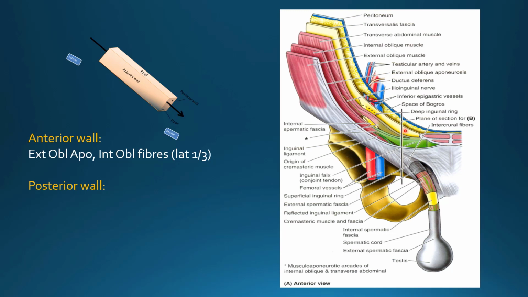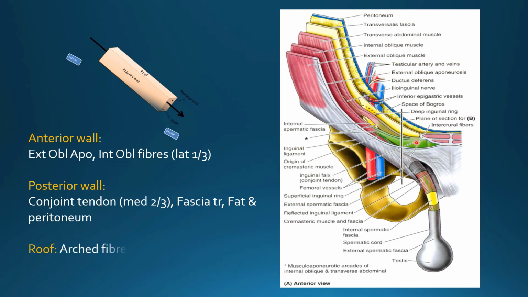Inside to it, it is extraperitoneal fat and parietal peritoneum. On the medial aspect, posterior wall is formed by conjoint tendon, which is formed by internal oblique and transverse abdominis muscle.